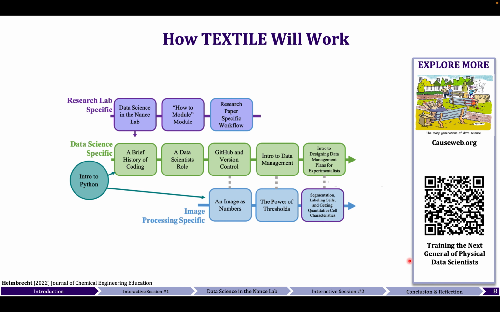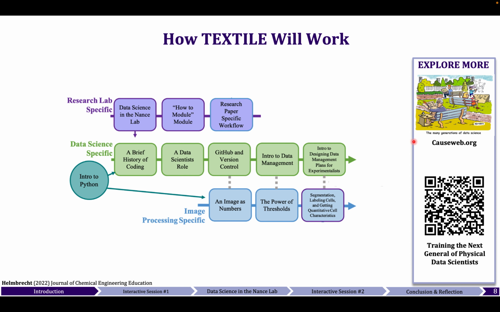So, this summer, you're going to be taking part in TEXTILE. TEXTILE stands for Tutorials and Experimentalist Interactive Learning. In a way, I kind of picked that because I wanted this acronym to be related to my other acronyms, but it's just a scientific training program for data science-based research from real biological data that we include in the lab.